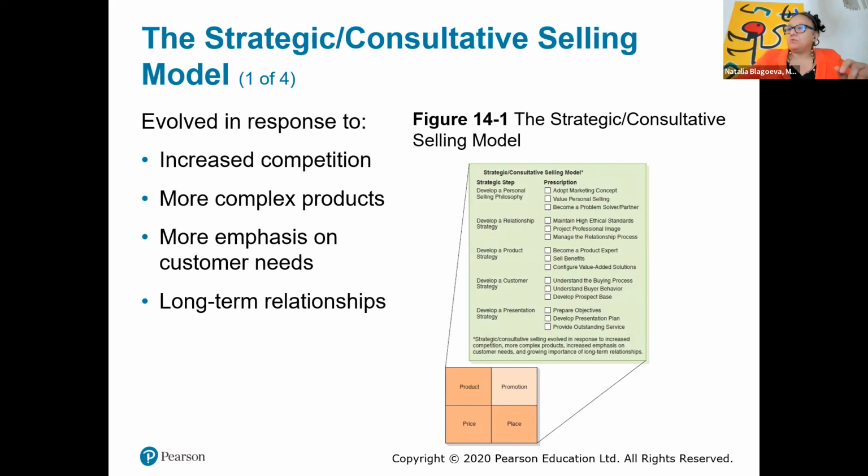There is something also we call the strategic consultative selling model. So this is the model used when we are talking of usually business-to-business services, or if it's B2C, business to consumer, it would be for some very complex, very special products.